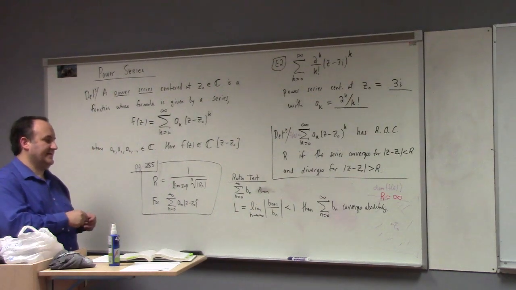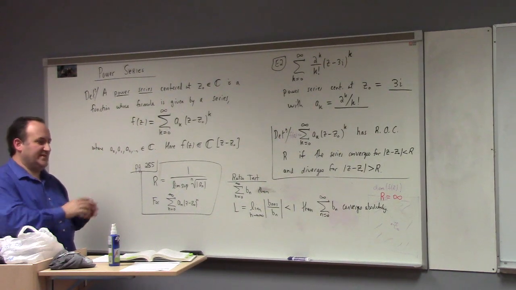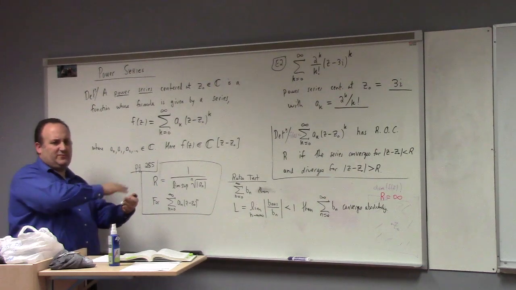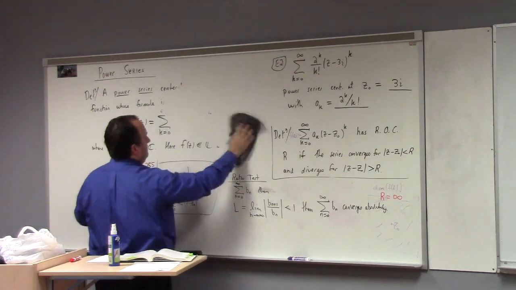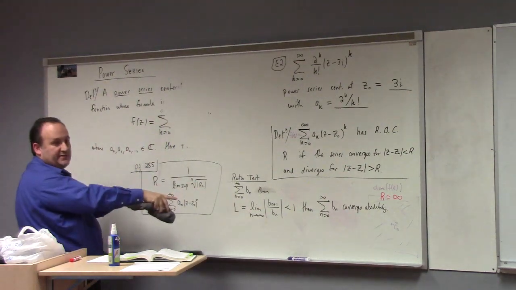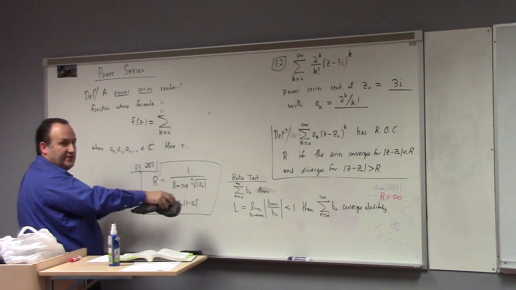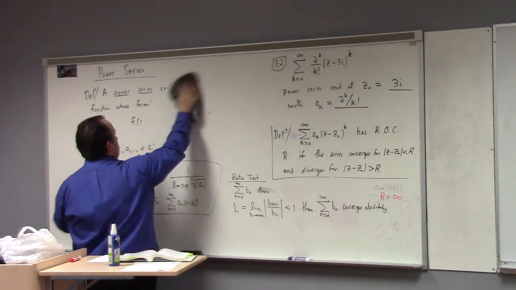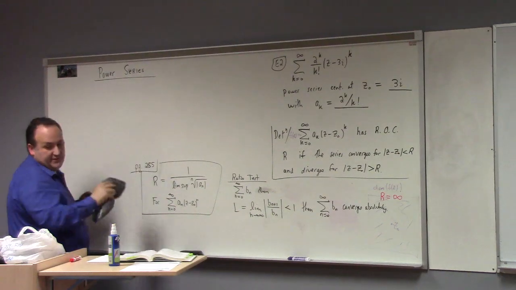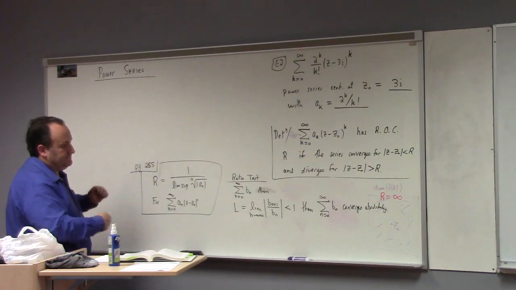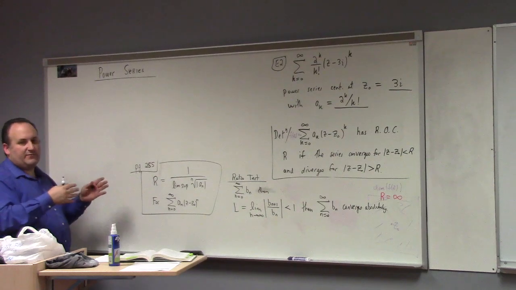So what does this theorem look like when you apply it to a power series? So this is still true for complex series. The ratio test is still true for complex series for pretty much the same reasons as it was true in Calculus 2, with absolute values being replaced by moduli.